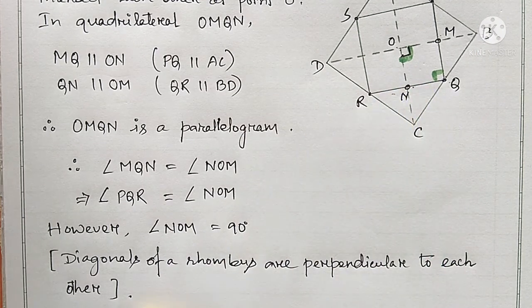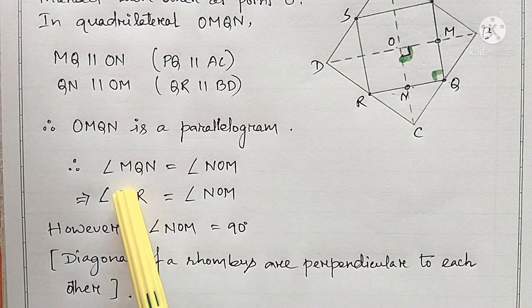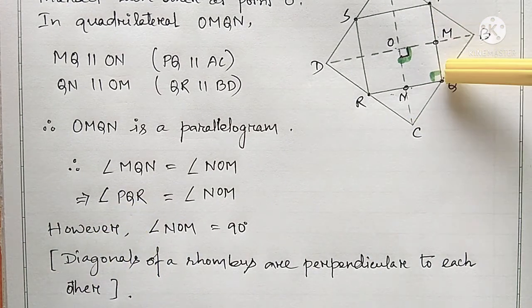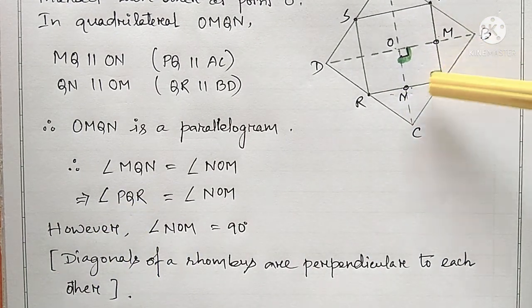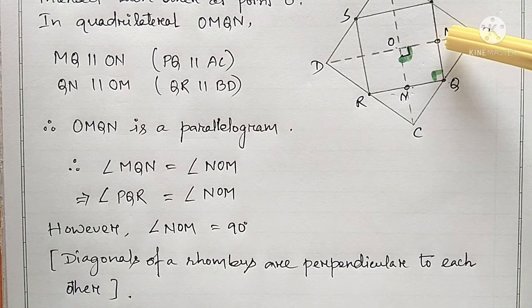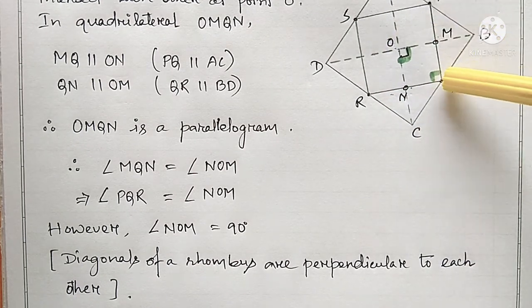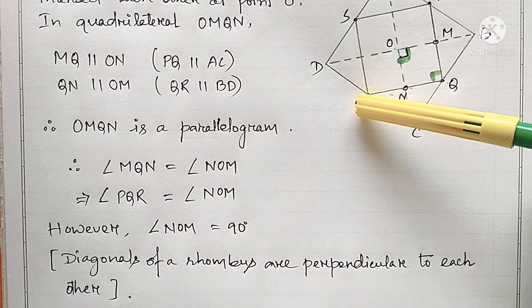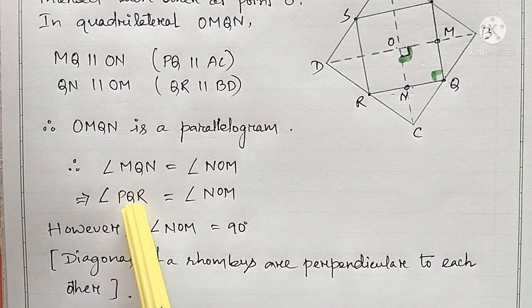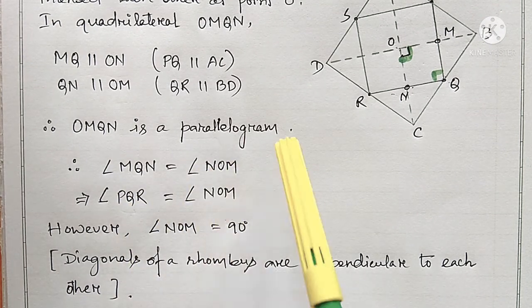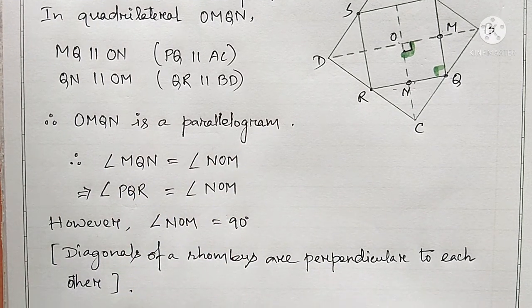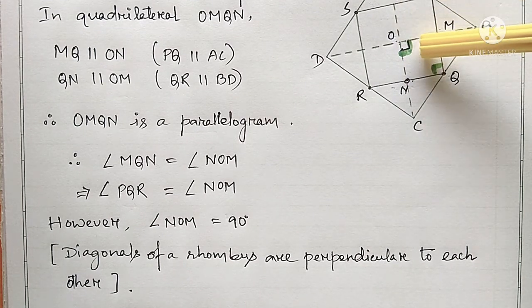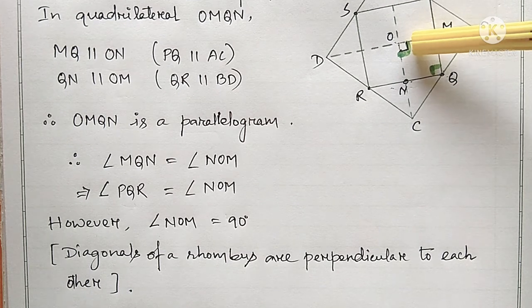MQN we can also write as PQR, so in place of MQN we write PQR. NOM is the same. So the second part we discussed is that the diagonals intersect each other and the angle created is 90 degrees.